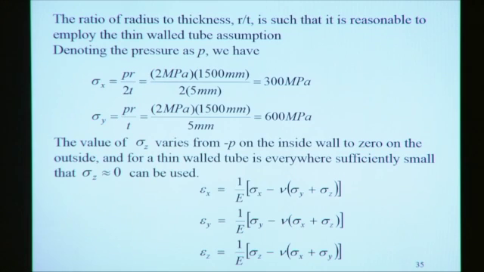We can assume this is sufficiently small that it does not produce any significant variation over the thickness of the wall. So sigma z can be considered as 0 in this case, and when sigma z equals 0, this can be considered a plane stress problem.